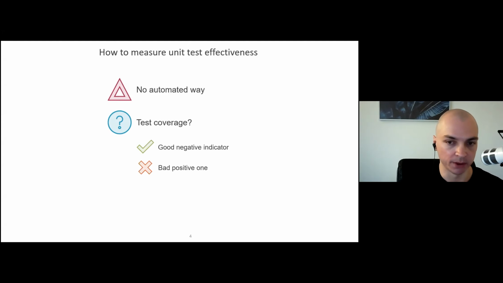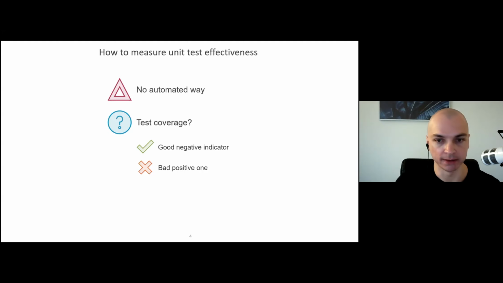If you have some low coverage number for your tests, let's say anywhere lower than 40% or 50%, then it's a good sign that you don't test enough. You don't have enough tests in your project. But even if your test coverage metrics show you some high coverage numbers, 90% or even 100%, it doesn't necessarily mean that the quality of your tests is good.